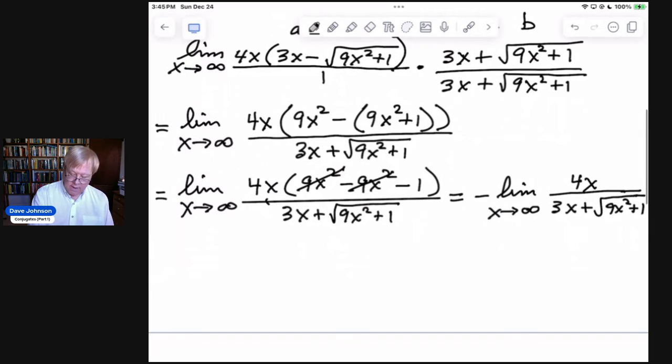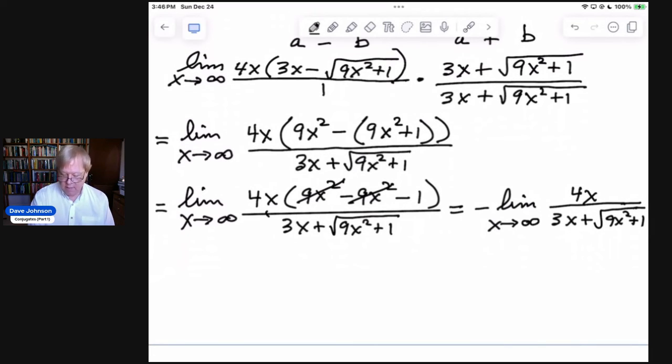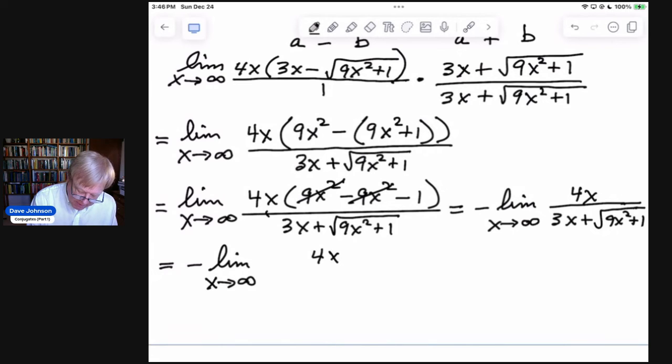Now, you might say, well, wait a minute, I can't cancel the x's, but I can factor an x out. In fact, let me rewrite this. So this is going to be minus the limit as x goes to infinity. Now I'm going to leave the 4x the same upstairs. Downstairs, I'm going to write this as 3x plus, and let's do this off to the side, the square root of 9x squared plus 1.